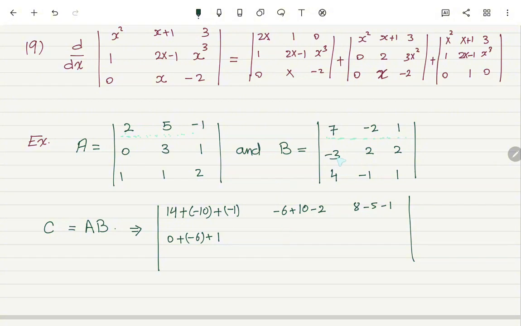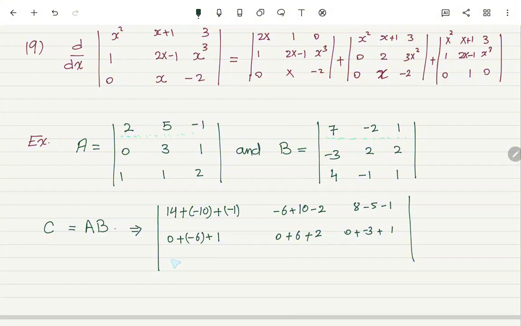Now 0 times minus 3, again it's 0, plus 3 times 2, 6, plus 1 times 2 is just 2. And again 0 times 4, 0, 3 times minus 1, minus 3, and 1 times 1, just 1. And this is the second row of determinant C.